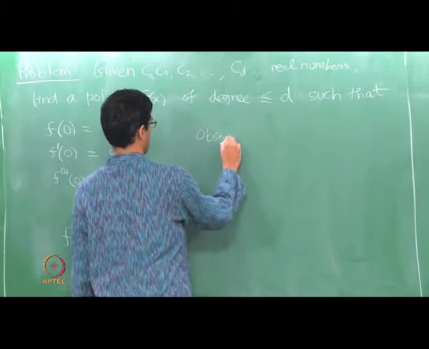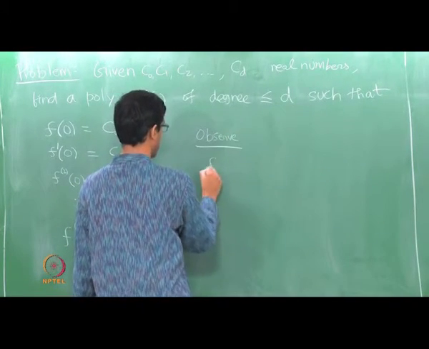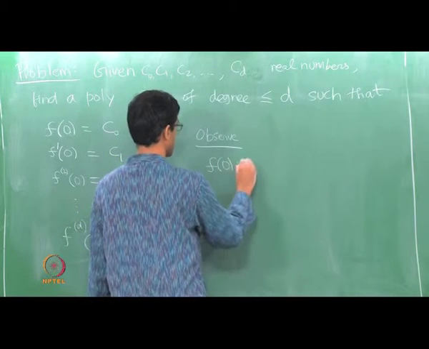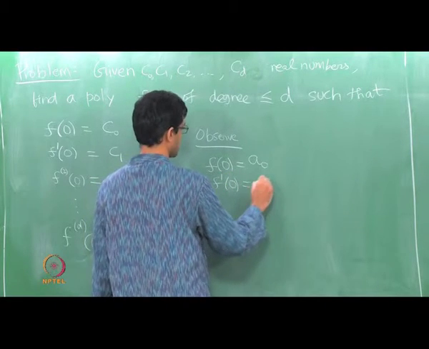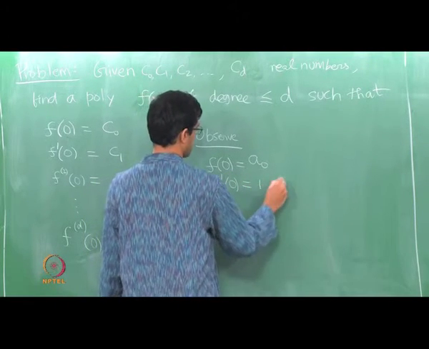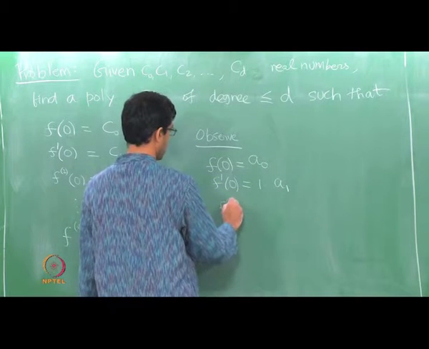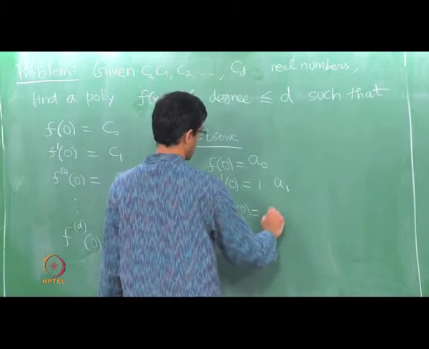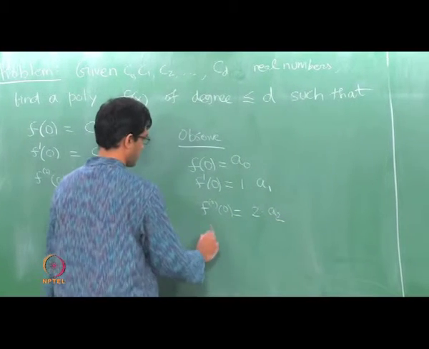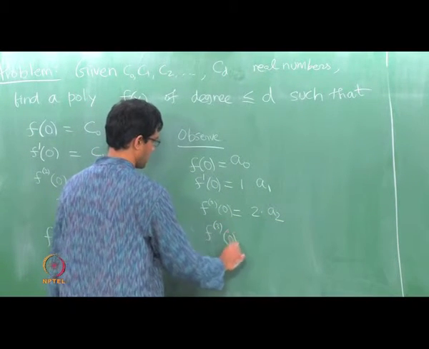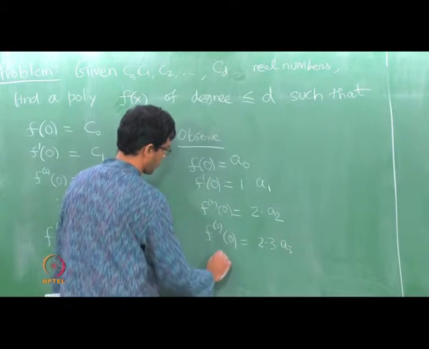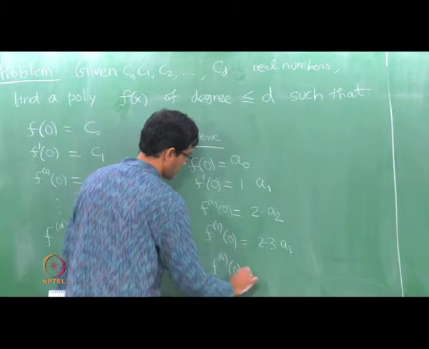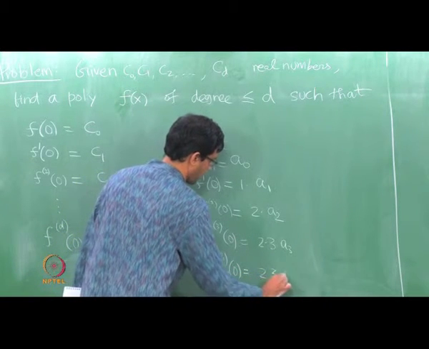So observe that this is quite straightforward from what we are doing, that f of 0 is just a0, f prime, the derivative at 0, is just 1 times a1, the second derivative at 0 is just 2 times a2, the third derivative at 0 is 2 into 3a3, let's just write one more, the fourth derivative at 0 would just be 2 into 3 into 4 a4 and so on.